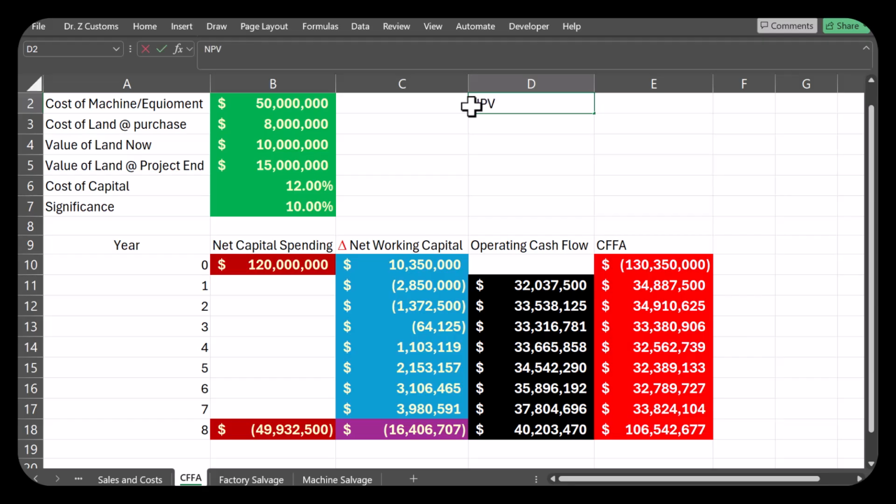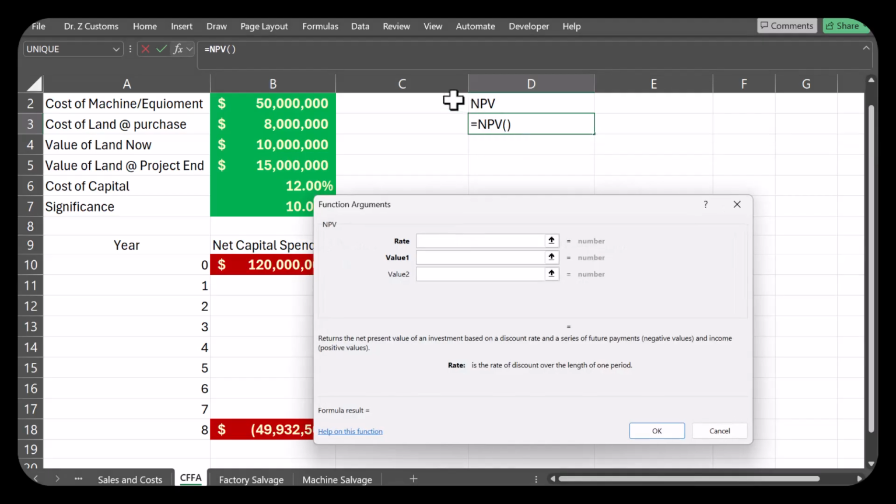There's a function in Excel that's called NPV, but unfortunately, it calculates only present value of the future cash flows, but it's not something we cannot fix easily. The first argument is the discount rate. The second argument is the range of future cash flows.